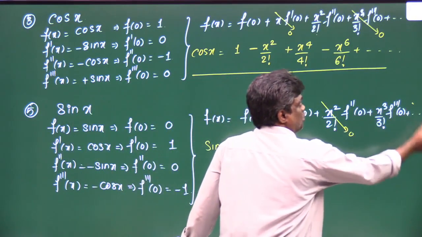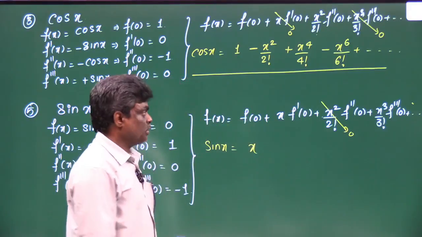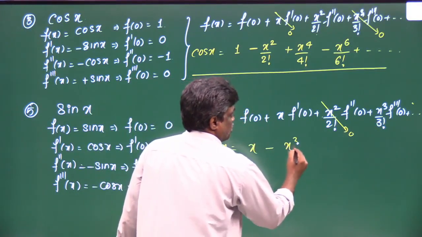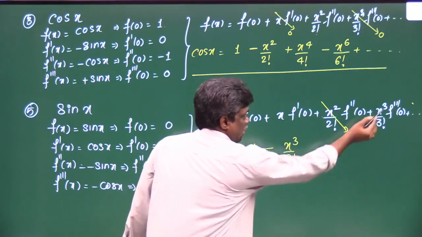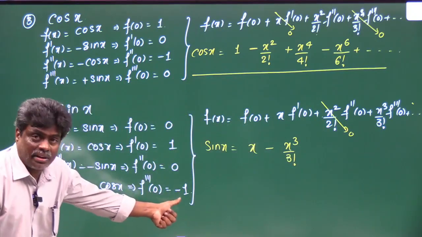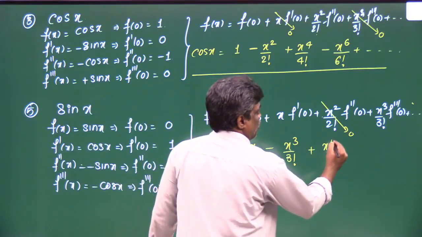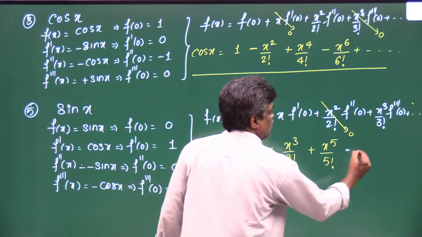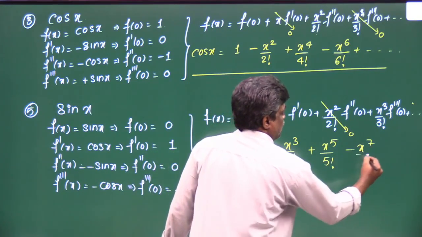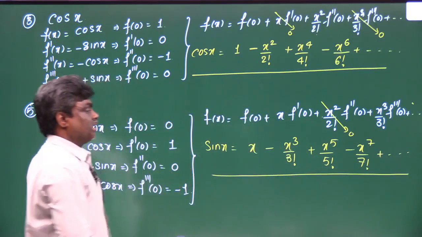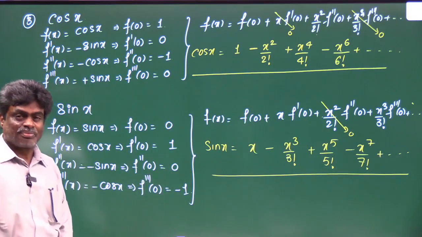Similarly, the fourth power is 0, but this is non-zero: minus x cube by 3 factorial, because the triple derivative here is minus 1. And you can guess the next: x power 5 by 5 factorial minus x power 7 by 7 factorial, and so on. So this is your sin x expansion.